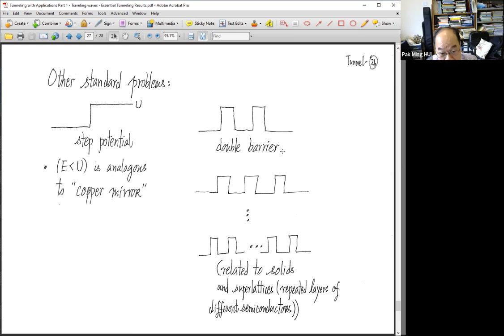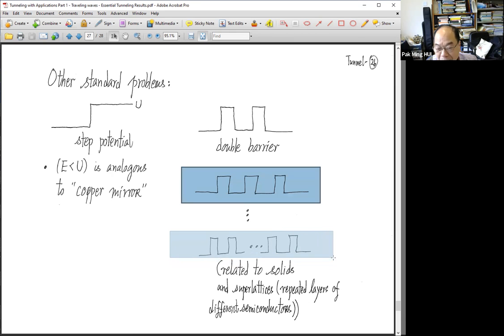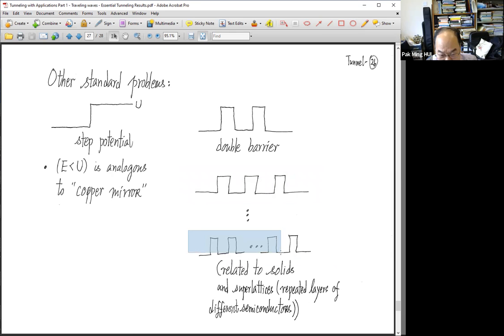Okay, you can also go on to do many barriers, and this many-barrier situation is related to solids and also something called semiconductor superlattices.